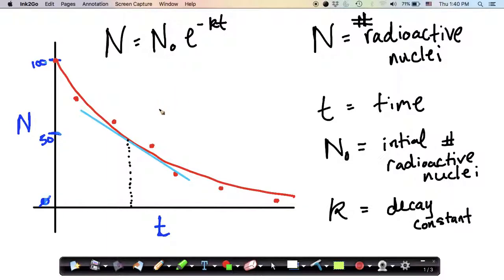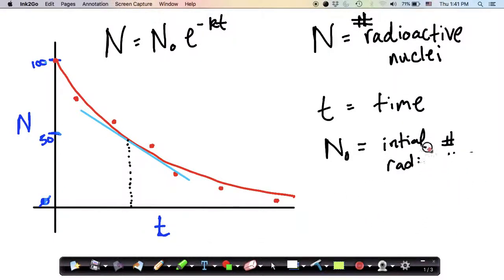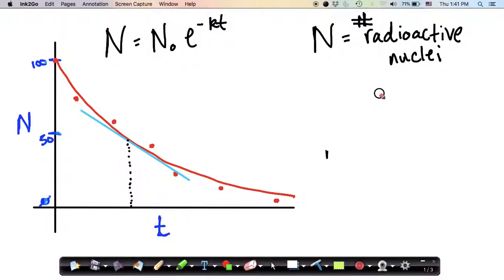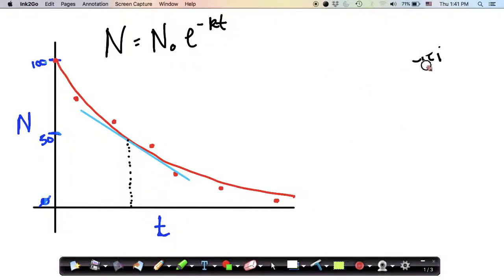This is significant because we can write an equation for the rate of nuclear decay based on this treatment, where the rate is equal to the number of nuclides times the decay constant k. And so again, we see as N decreases, the rate would decrease, and that's consistent with our graph.